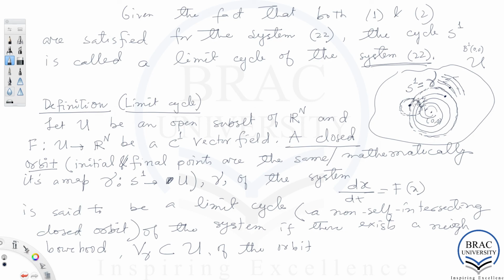I have to take a neighborhood of the orbit, meaning something like an annulus, like this, that will contain this unit circle. I had to correct it in the lecture note as well.